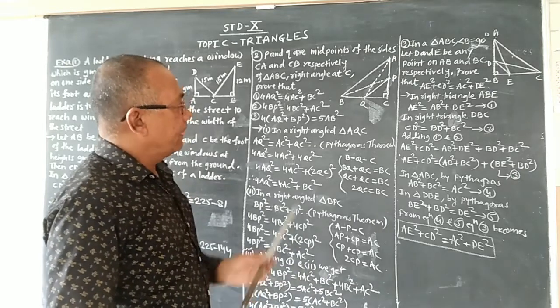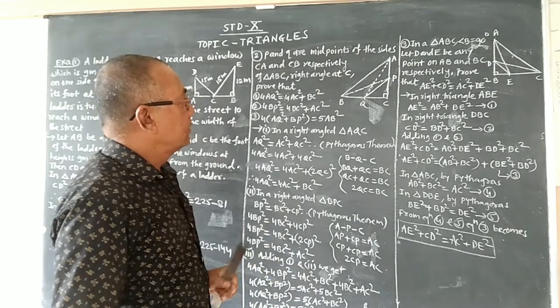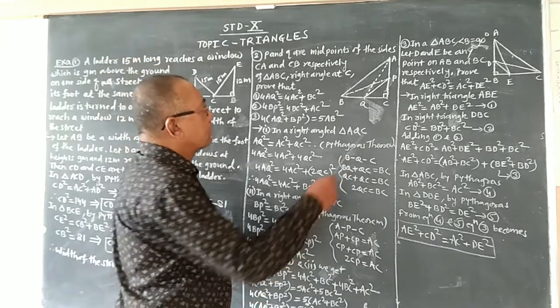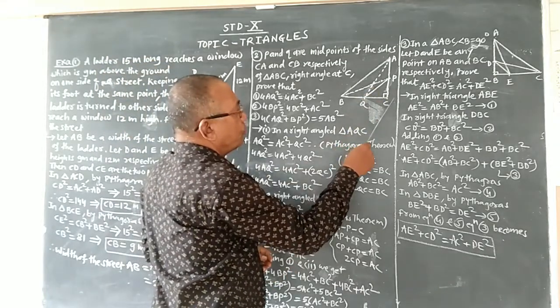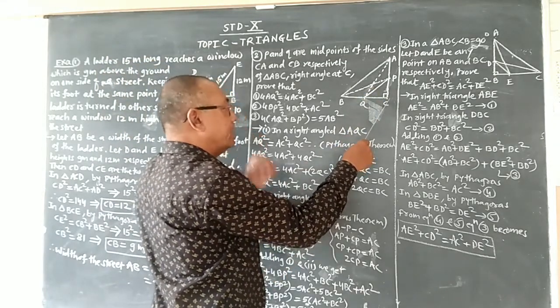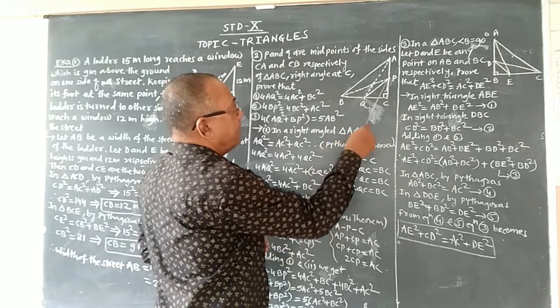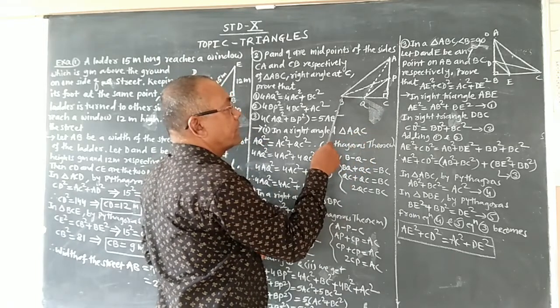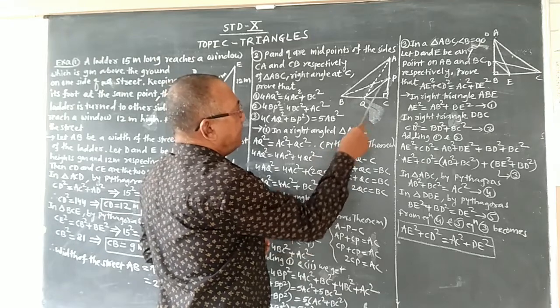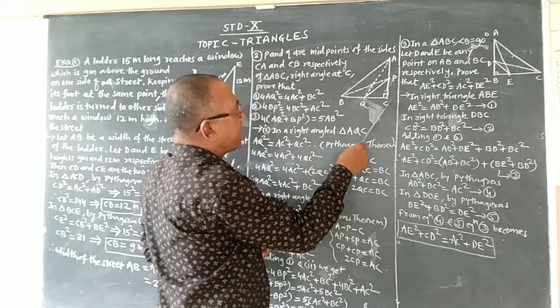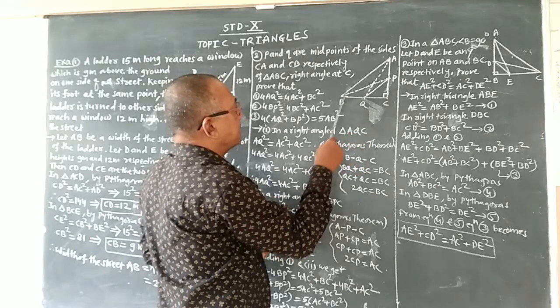So here, AQC is one right angle triangle. BPC is one more triangle. PQC is the third triangle, and our original triangle is ABC.